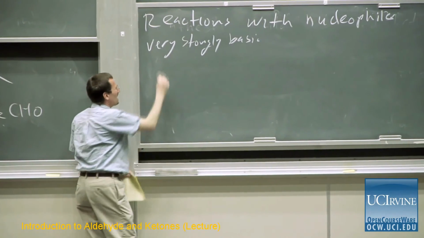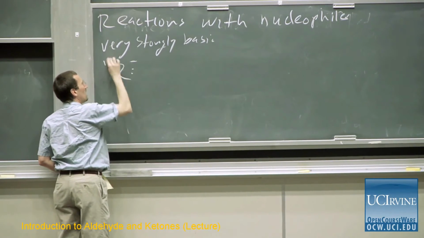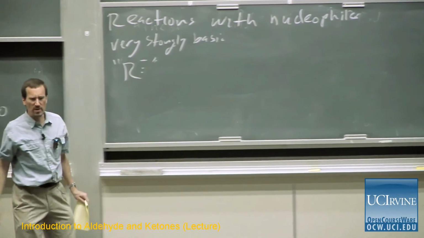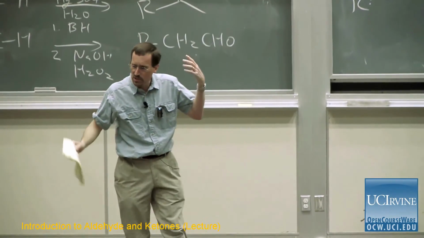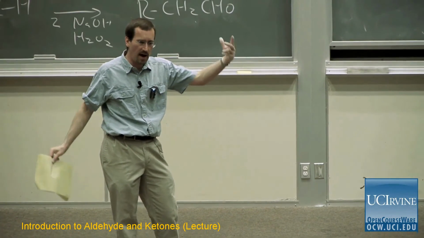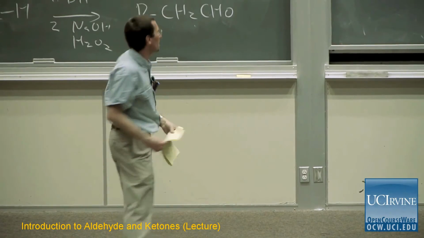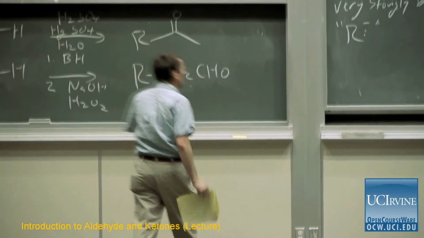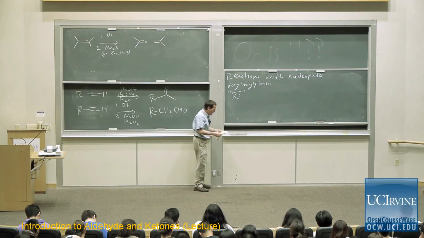We've already seen examples of this: R- alkyl nucleophiles, Grignard reagents, and organolithium reagents. Of course, these are not naked carbanions. They're covalent bonds between magnesium and carbon or between lithium and carbon. But you can think of them from a mechanistic point of view as R-.